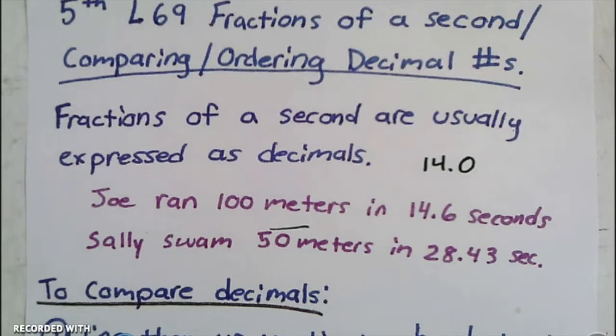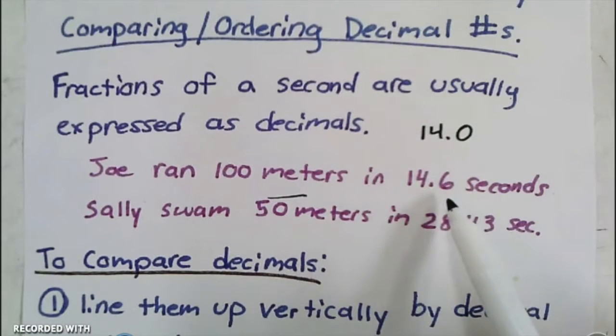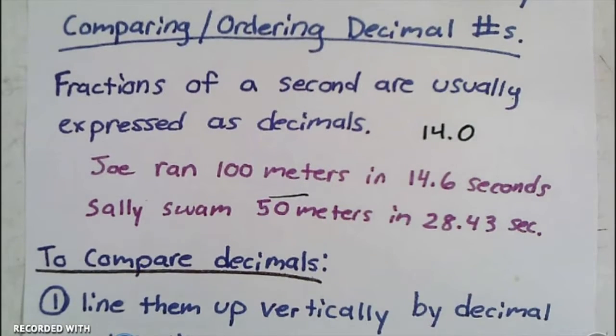That's why with runners, they use machines to measure it to that exact point, because a person with a stopwatch isn't completely accurate. That's not a lot of time, but you need to know that it's more than 14 and less than 15.